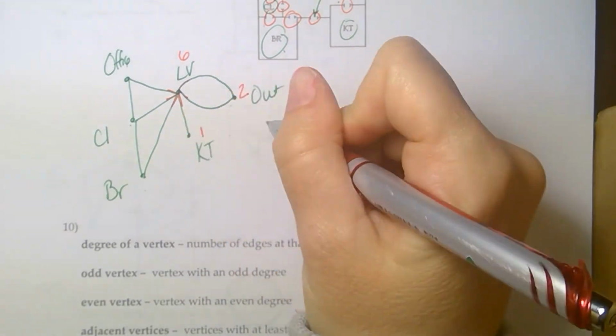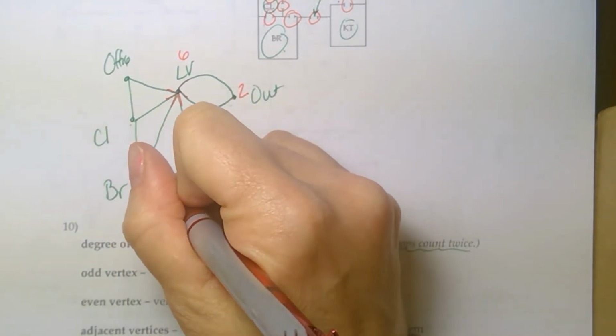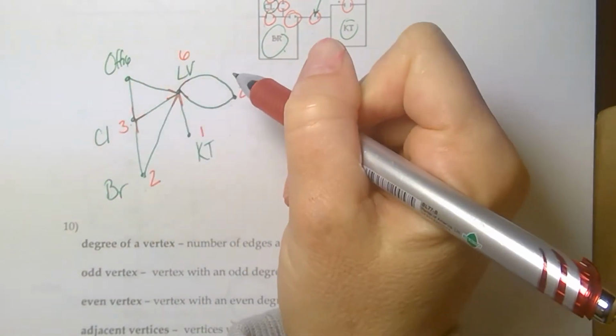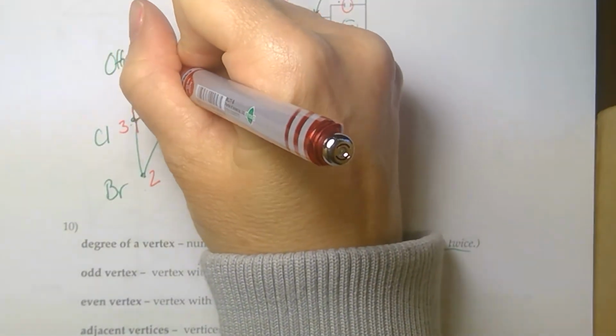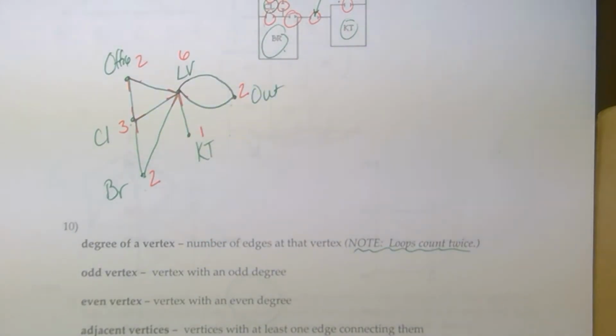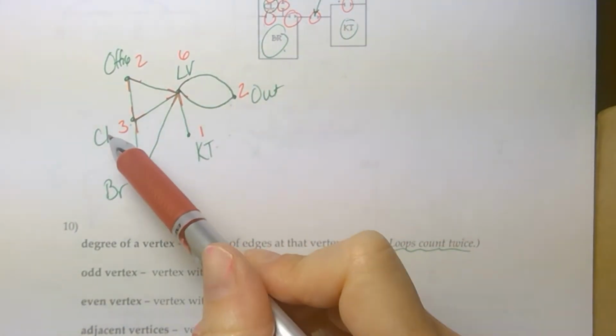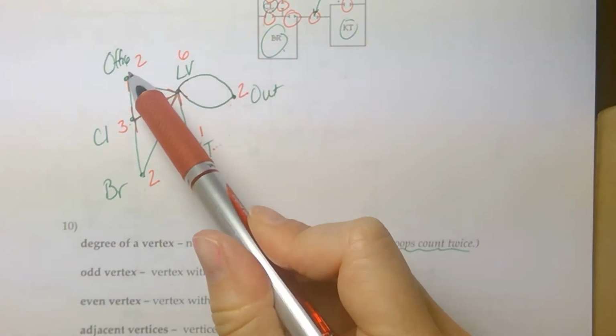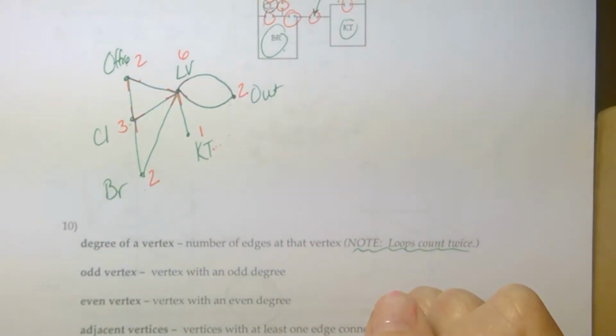Kitchen is just degree 1, bedroom is degree 2, closet is degree 1, 2, 3 because I can leave 3 different ways, office is degree 2 because I could leave 2 different ways. So we have 2 odd vertices, the kitchen and the closet, and we have 4 even vertices.